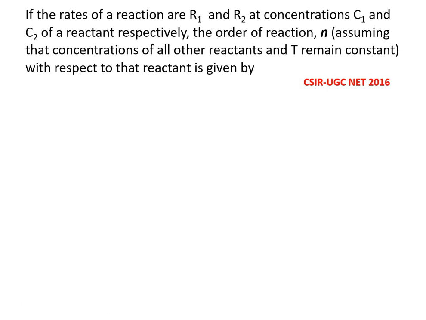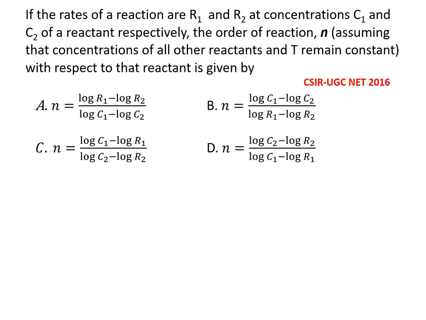The rates of a reaction are R1 and R2, capital R this time they are using, and concentrations C1 and C2 of a reactant respectively. The order of reaction n at constant temperature with respect to that reactant is given by which equation.